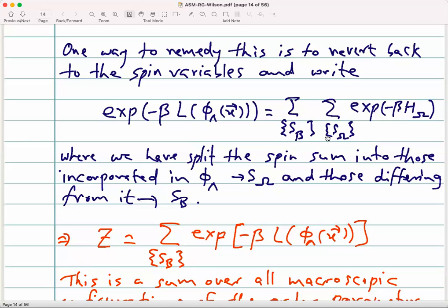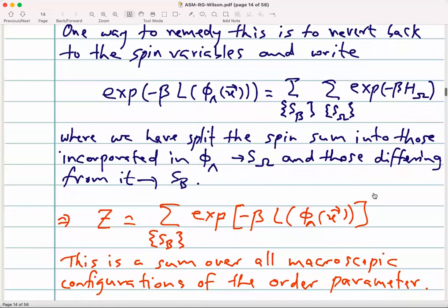So you divide the total number of spins into block spins and sum over the blocks. So this sum is really a sum over the blocks, and this sum is a sum within the block.